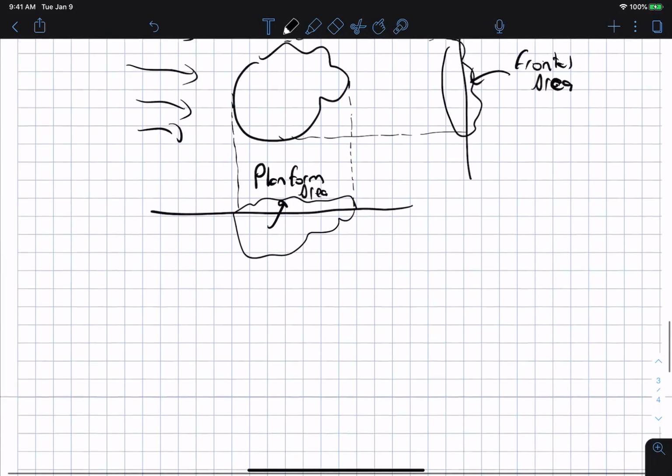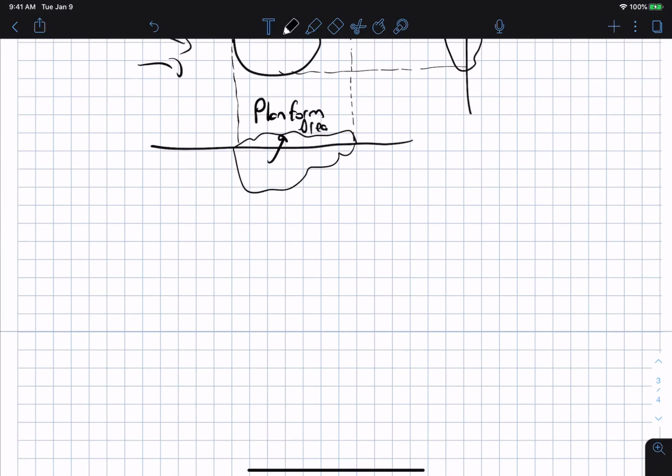Okay, and so I'm going to have a quick example. We have a pressure distribution on a cone, formed by rotating an equilateral triangle.